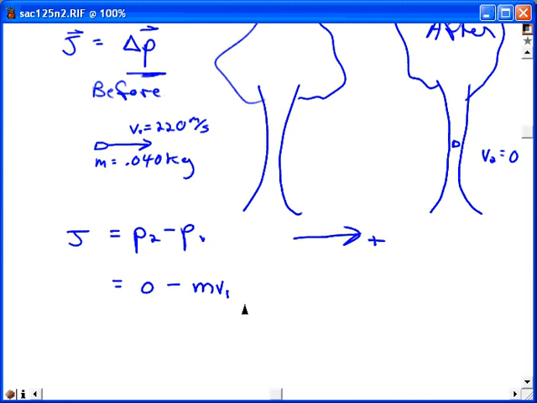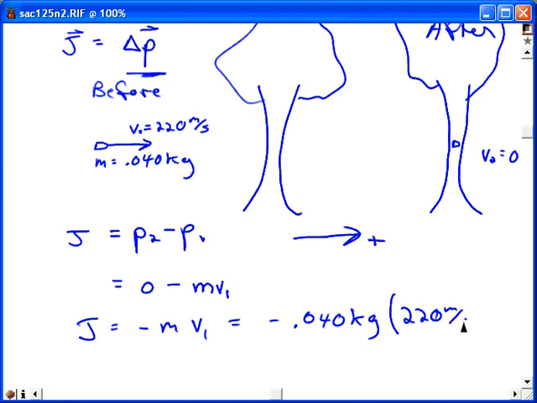And I'll look at this as minus V1. So J is equal to minus mV1, the mass of the bullet. And that's equal to minus 0.040 kilograms, good to 2 sig figs, times 220 meters per second, good to 2 or 3 sig figs.